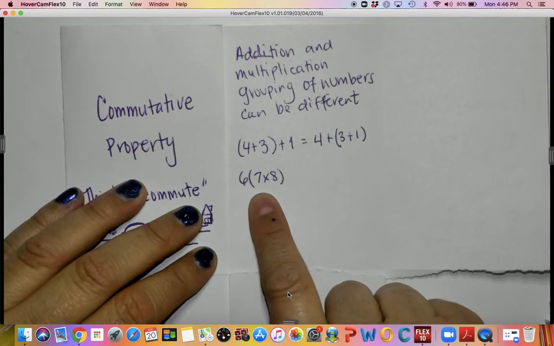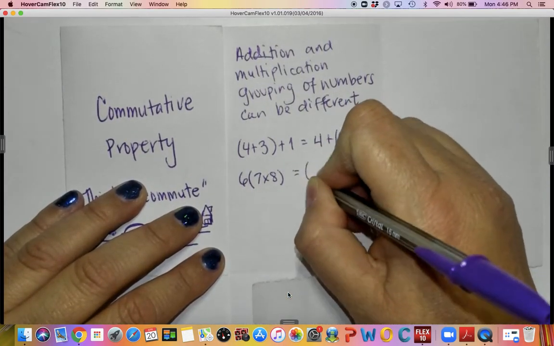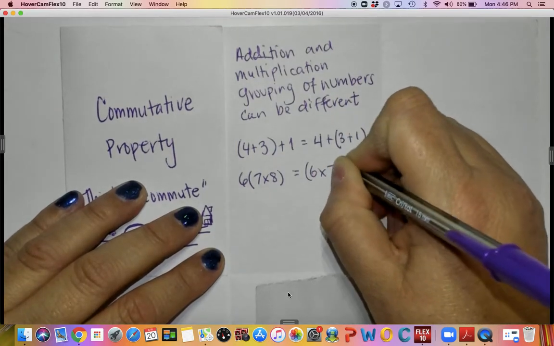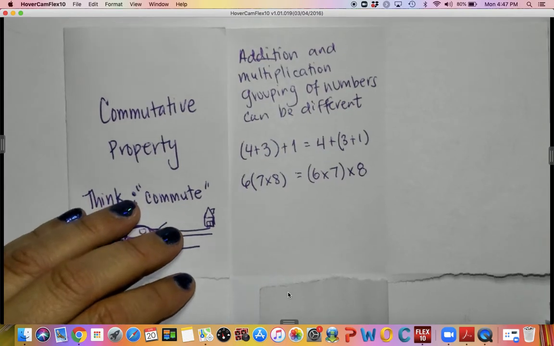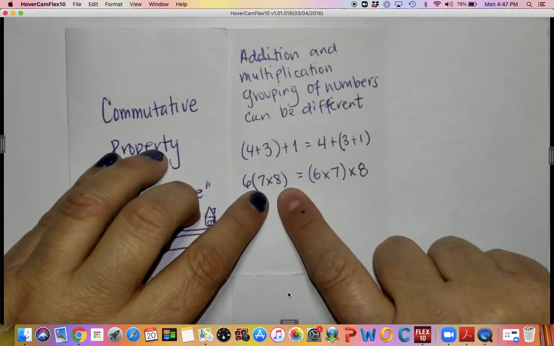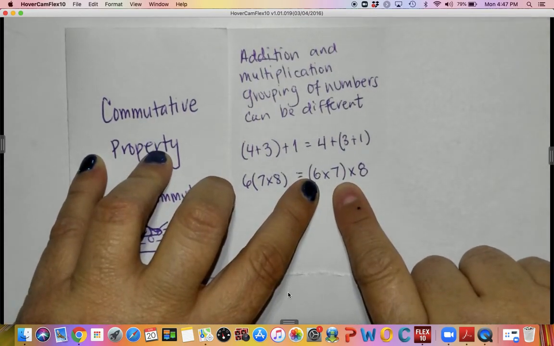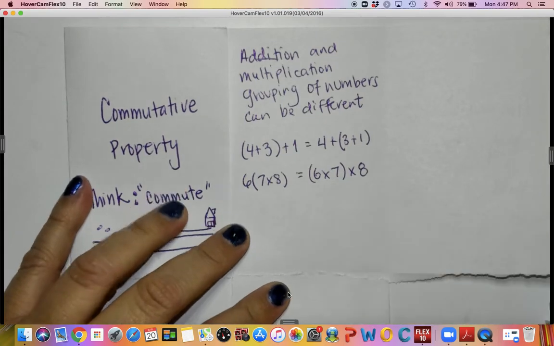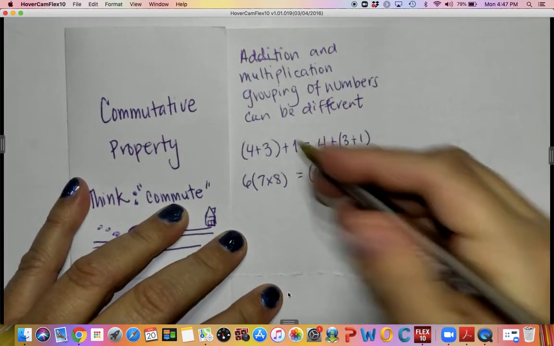So (6 times 7) times 8 is the same as 6 times (7 times 8). Okay, you see here my group is 7 times 8, but here my group is 6 times 7. I'm going to give you an example right now that is not associative.